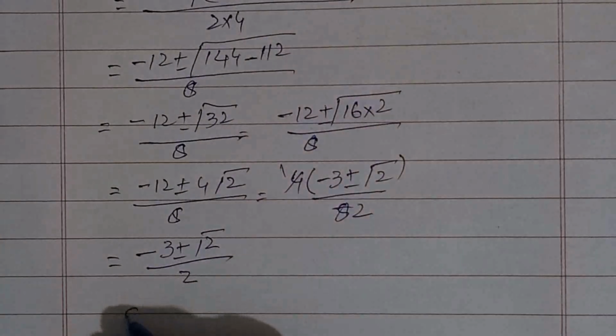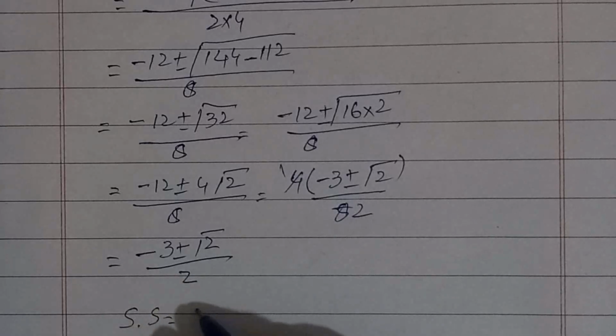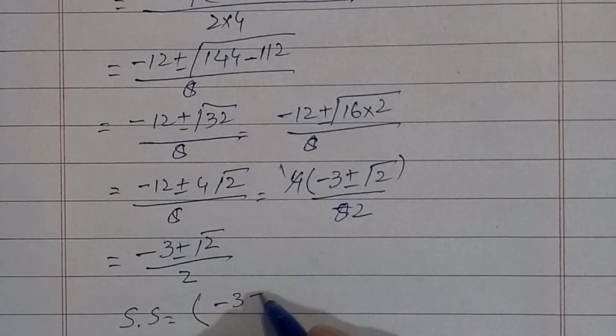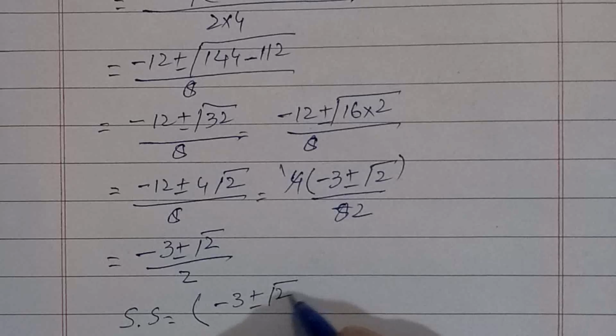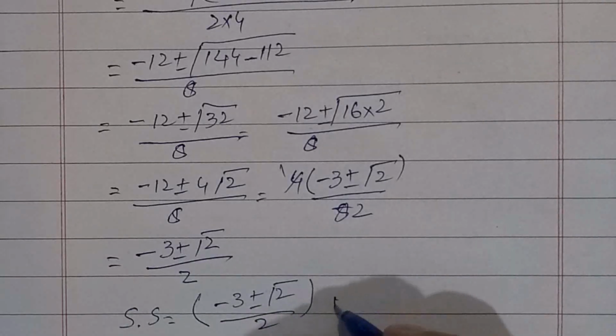So the solution set is minus 3 plus minus square root 2 over 2, which is our answer.